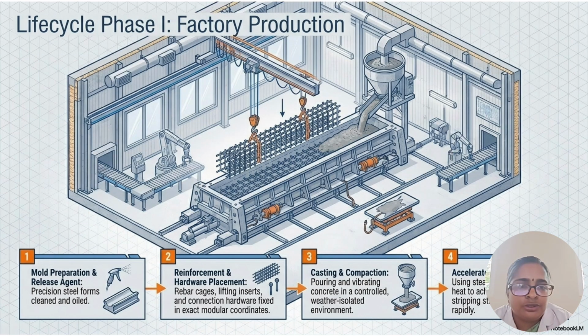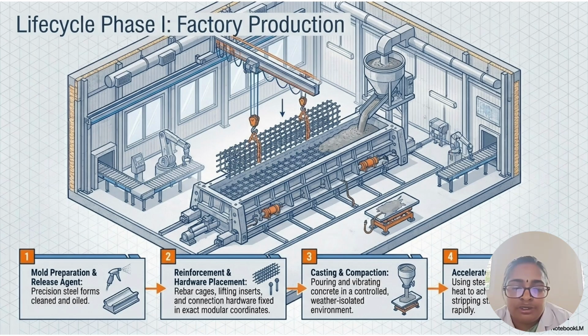This figure shows the production process of a prefabricated component. The first step is mold preparation, where a release agent is applied. The second process is reinforcement and hardware placement, such as reinforcement bars and screws.